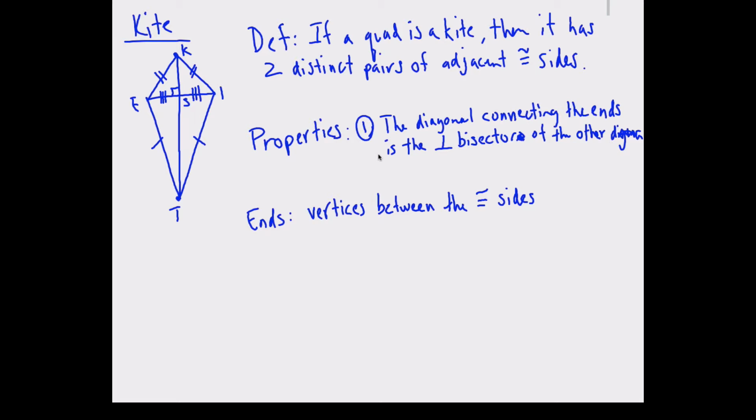Okay, let's talk about some angles then. What about the vertex angles? What do you notice? Are they bisected? Yeah. So EKT is congruent to IKT. For those of you who are visual, I'm asking about these angles. What's the relationship between those two angles? Yeah, they are.